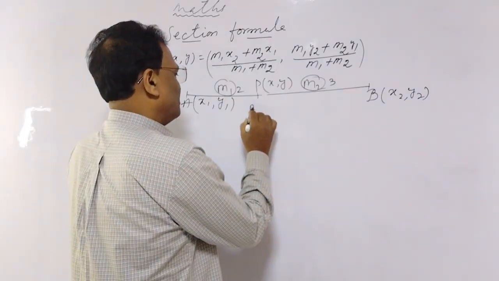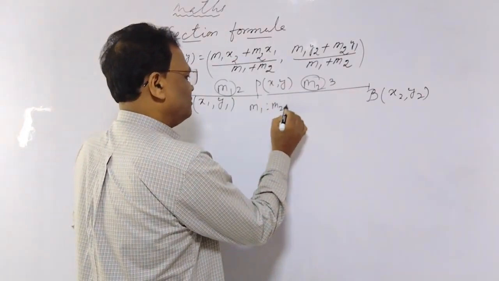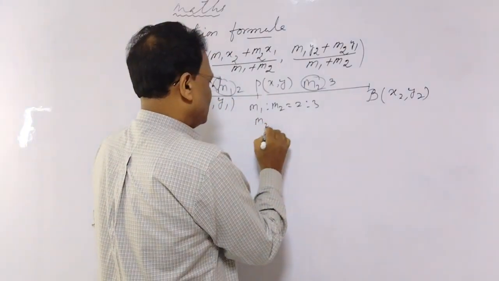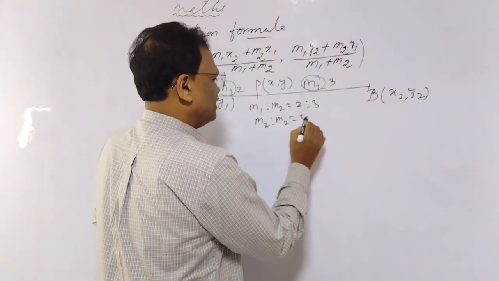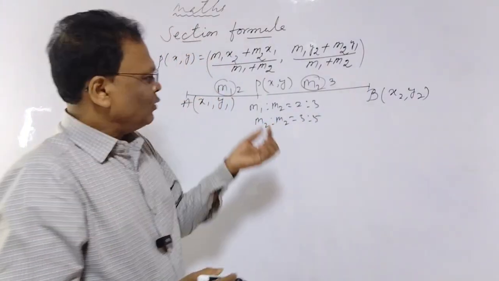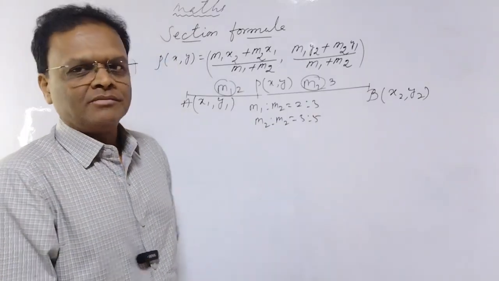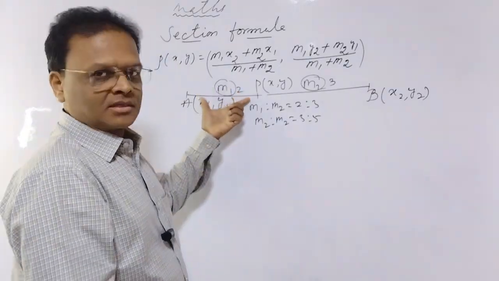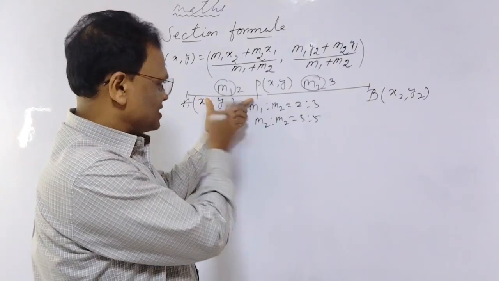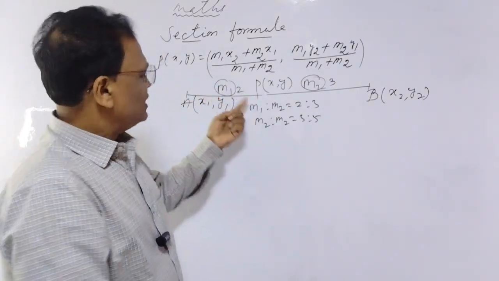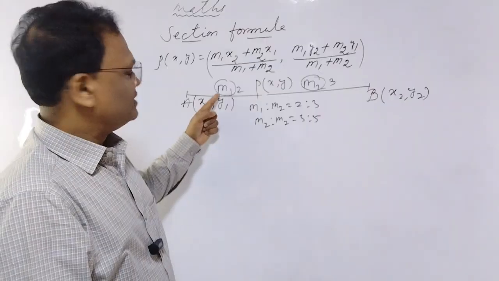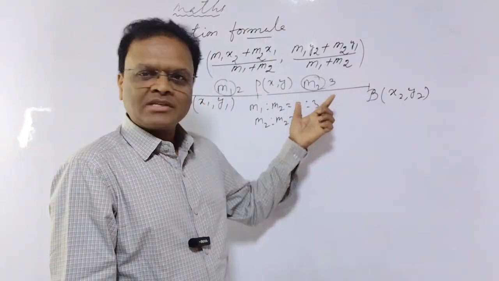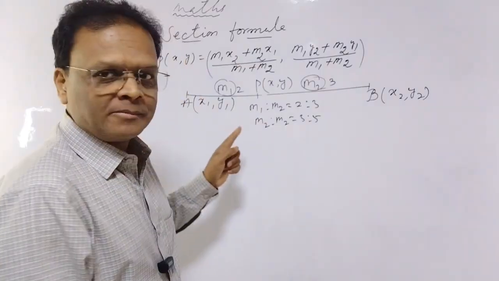That means m1 to m2 may be any ratio, it may be 2:3 or 3:5. They will give that ratio. So m1 is the first section, 2 parts, 3 parts or 5 parts; instead of these numbers, we generally take m1, and the second part we generally take as m2.